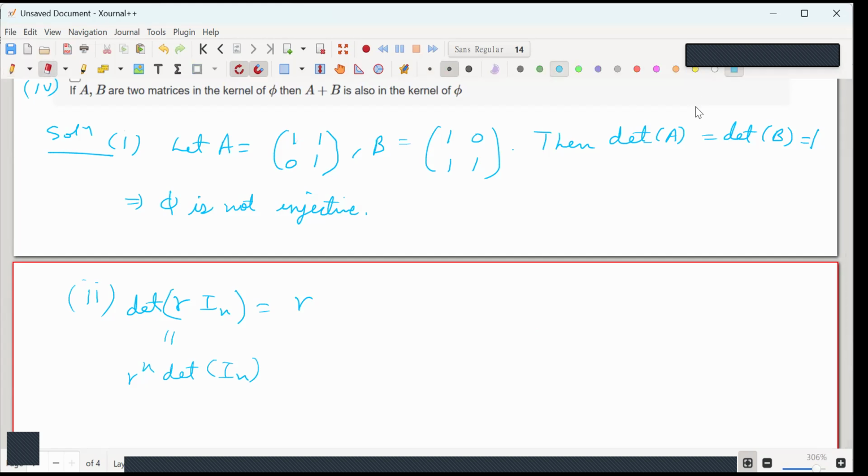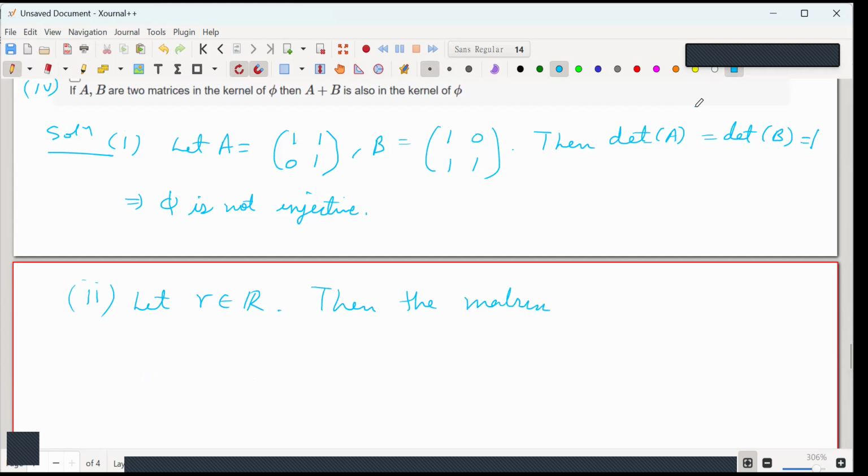So there is also one simple matrix which you can consider. Let some R belong to R, then the matrix has everything 1 on the diagonal except one entry, which is R, and all non-diagonal entries are 0.